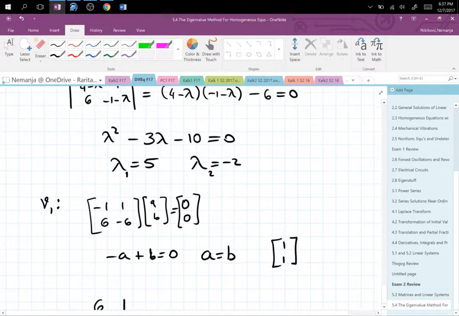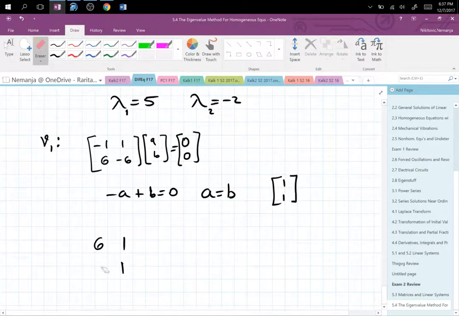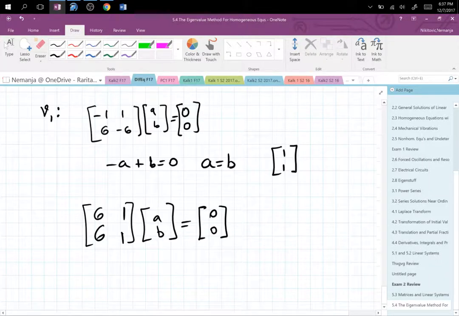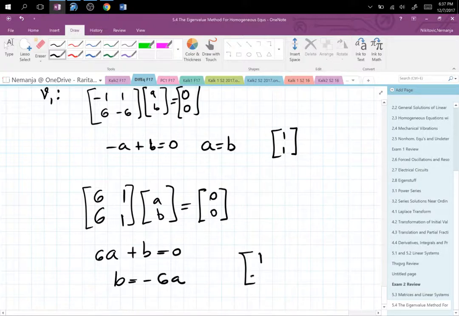Negative 2. Oh, it's a 6 over here. There we go, I wrote the wrong value. And we just use the first one, so 6a plus b equals 0, from where b is negative 6a. So we'll pick a to be 1, and then b must be negative 6 to satisfy this equation.